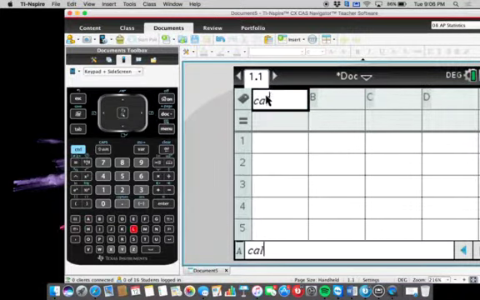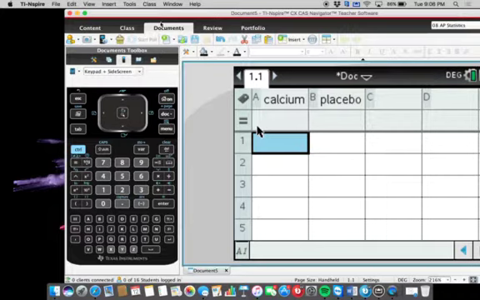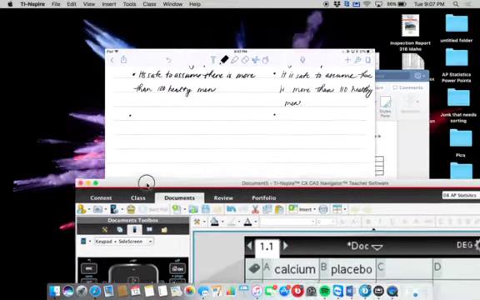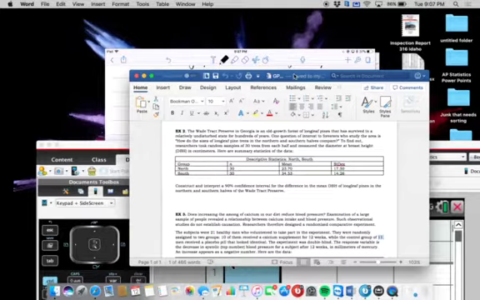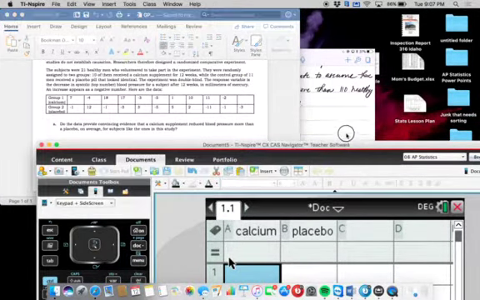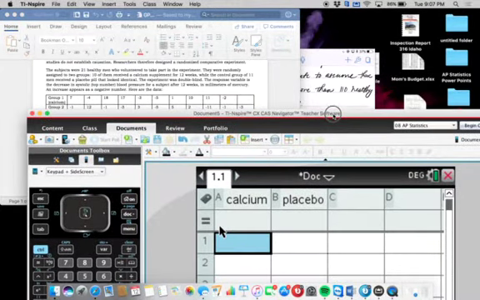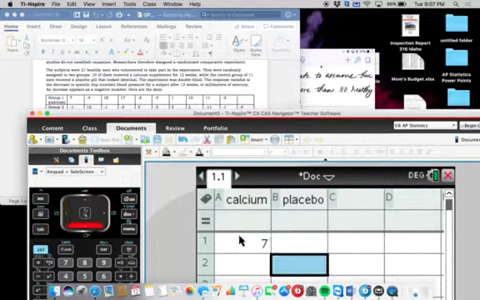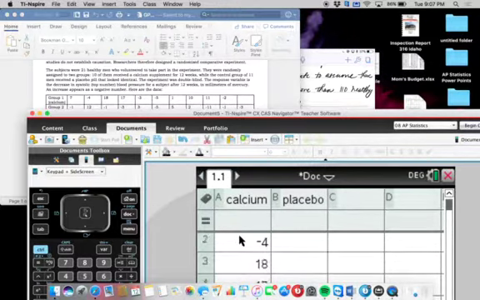The first one is going to be the calcium. The second one, placebo. Let me just pull up the data here. There we go. All right, let's type this in. First number is 7, -4, 18, 17, -3, -5, 1, 10, 11, and a -2.